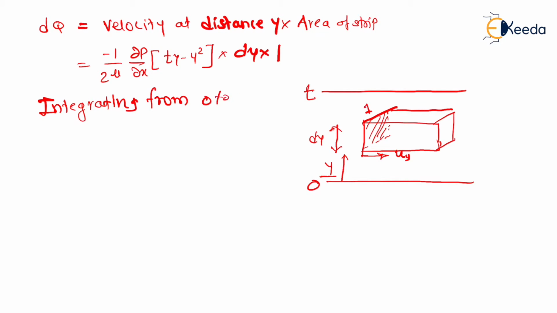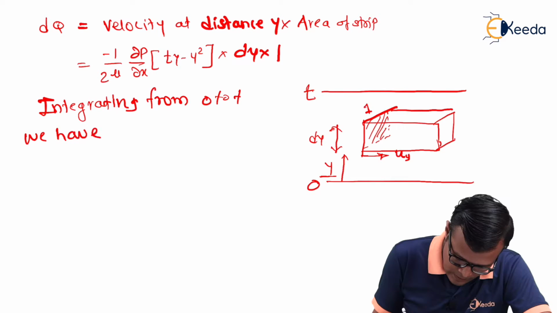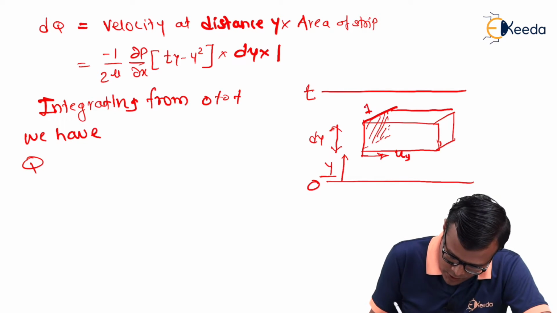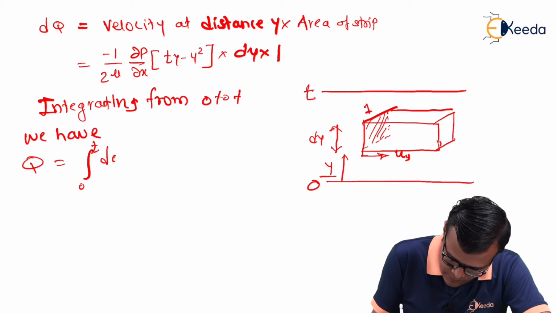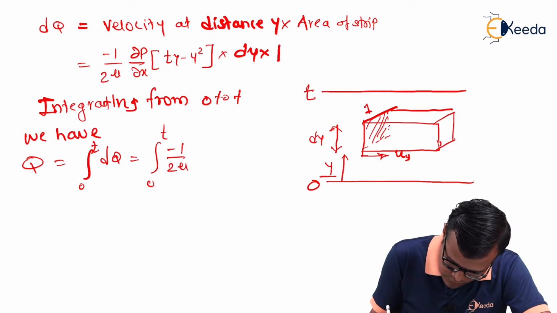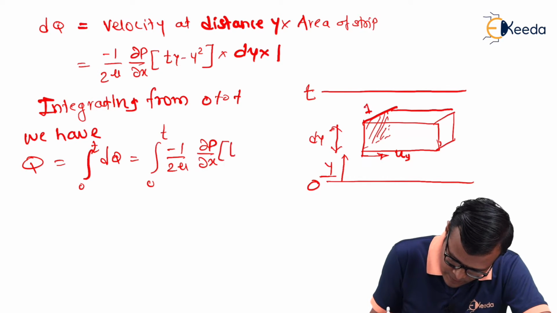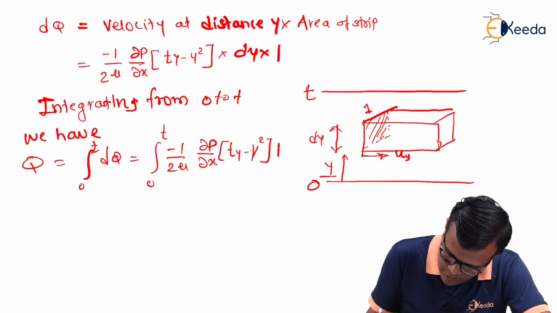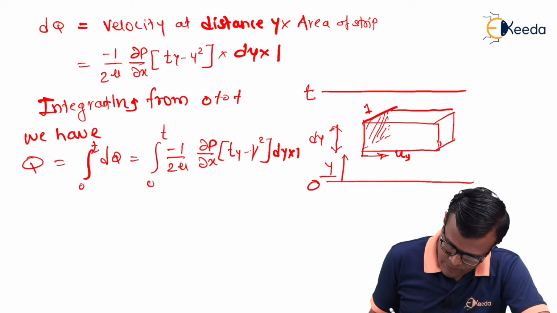From 0 to t we have capital Q, that is the total discharge, as the integration from 0 to t of dQ, equal to integration from 0 to t of minus 1 upon 2 mu del p by del x (t y minus y square) dy into 1.